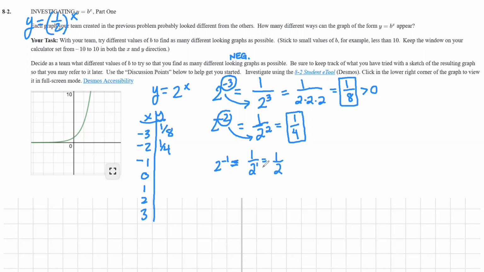We do 1 over 2 to the first power, or 1/2, which is twice as big as 1/4. Our multiplier is 2, right? Okay, let's see if you guys know the next one. This one's kind of a tricky value. What's 2 to the 0 power? Take a guess.